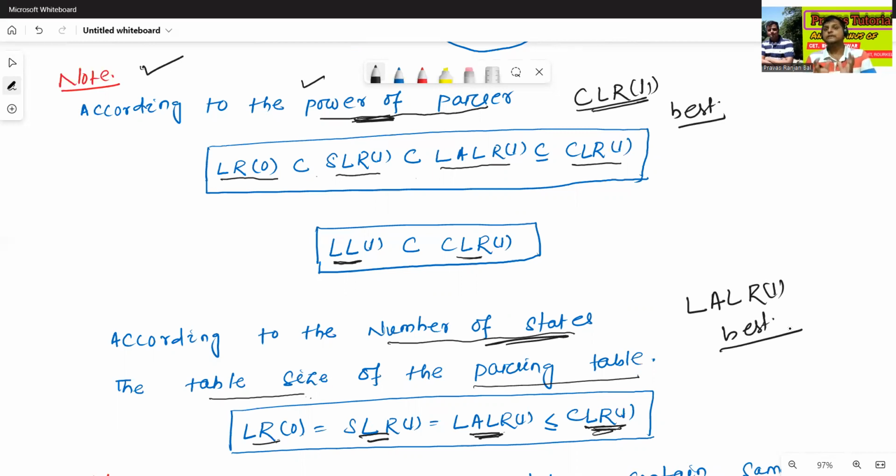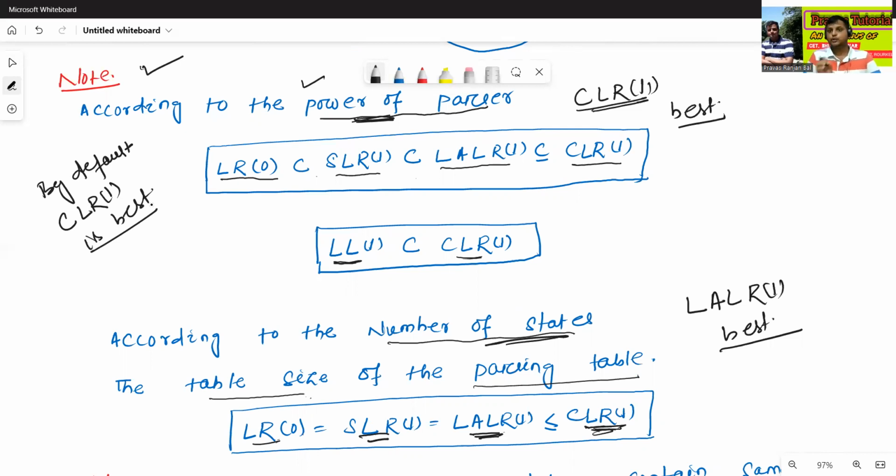By default, which parser is best? By default, CLR1 parser is best. If someone asks me which parser is best, by default I can say CLR1 parser is best.